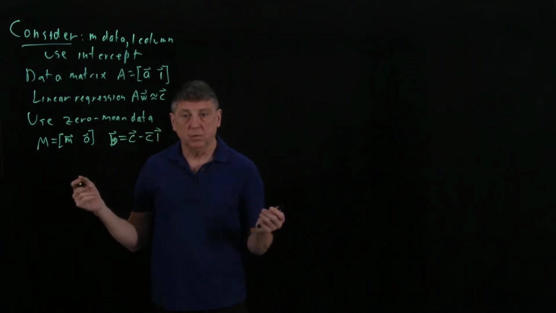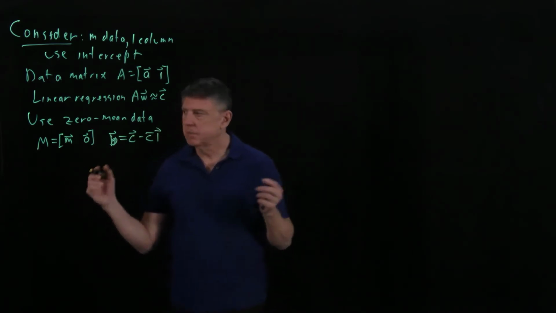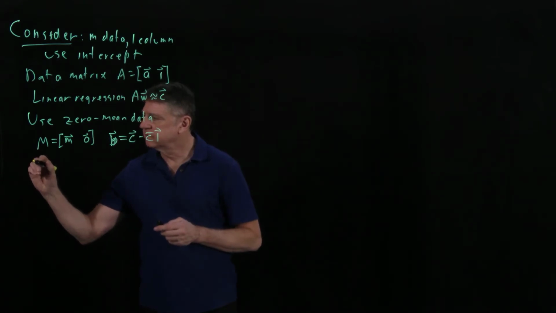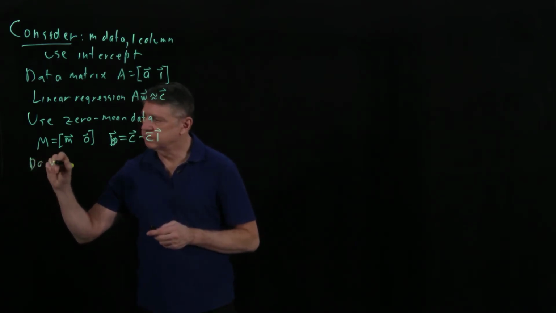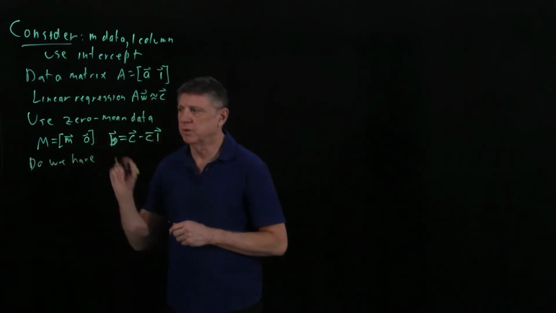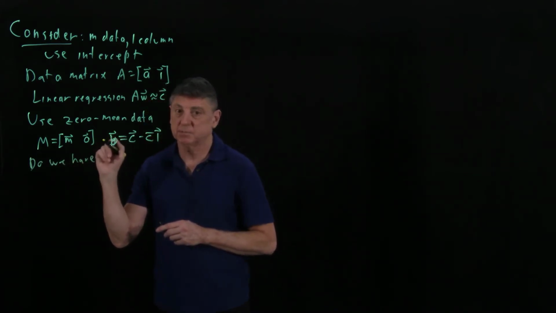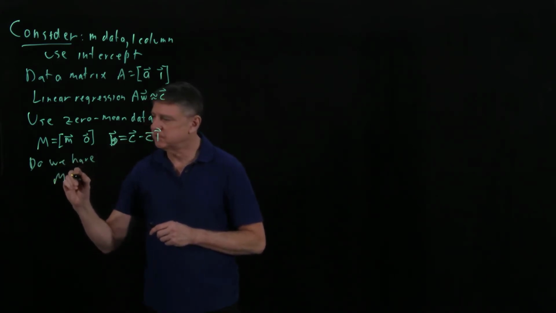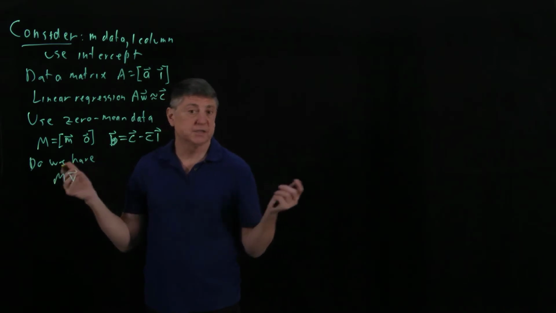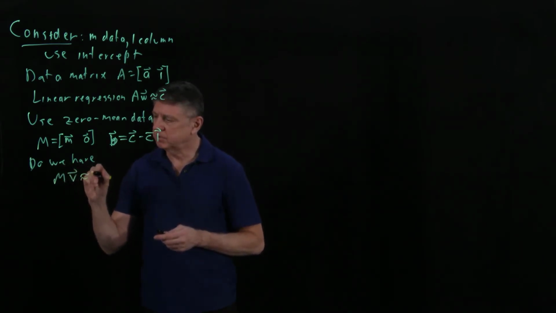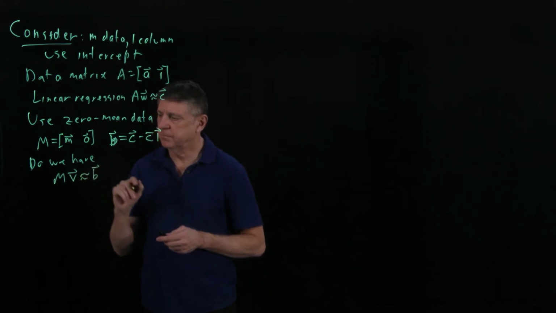So now, what is our regression? Well, let's ask ourselves, because the moment we see a 0 there, we know that we're violating some of the assumptions. Do we have M times, let's say, our new weights, because they're not going to be the same, V, is that approximately equal to B?